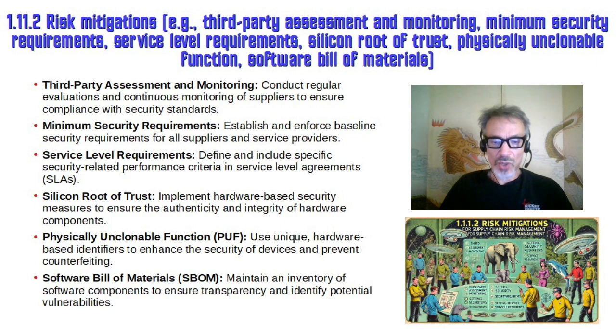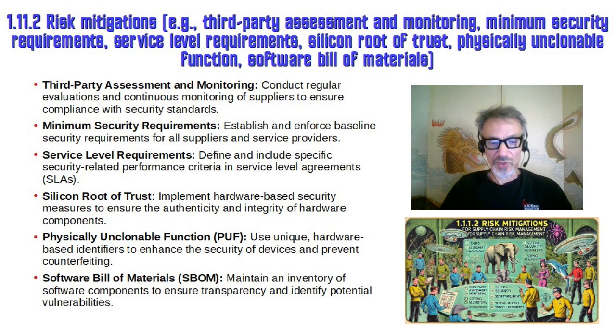Use unique hardware-based identifiers to enhance the security of devices and prevent counterfeiting. PUFs leverage the inherent variations in physical components to create unique fingerprints for devices, making them extremely difficult to clone or tamper with, especially important when storing private keys.